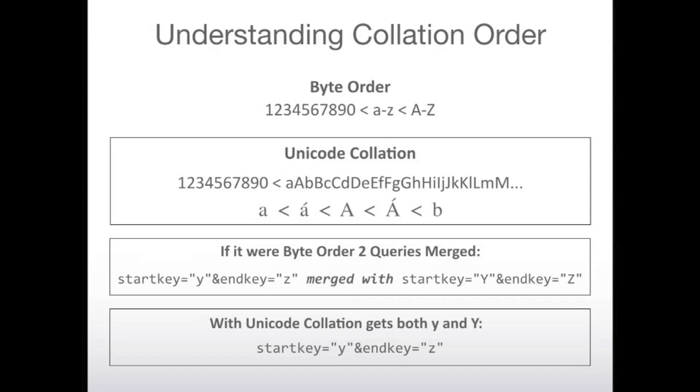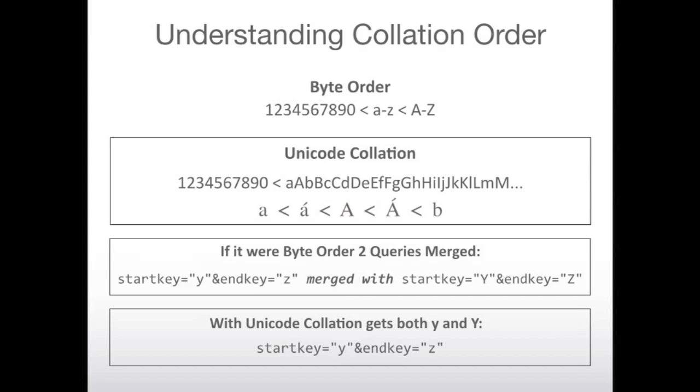So if I do this query here, which is halfway down, where start key equals lowercase y to lowercase z, I won't get all the uppercase varieties of that as well. I'll only get lowercase if it were byte order. So I would actually have to do two queries, from lowercase y to lowercase z, and then uppercase y to uppercase z, and merge them together myself.